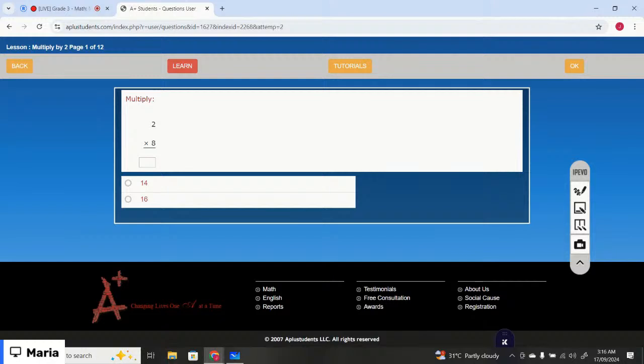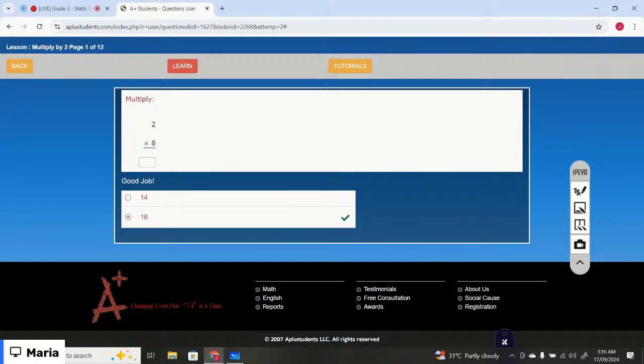Start with table of 2, right? 8 times 2 is 16. It is option number 2 is the correct option.